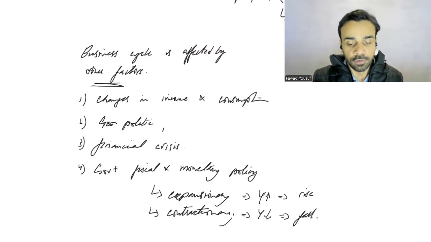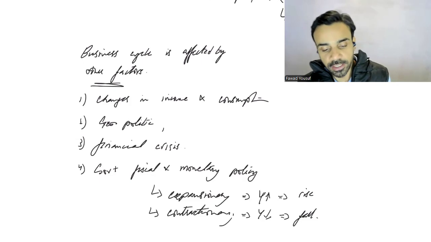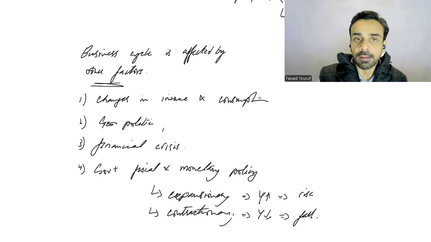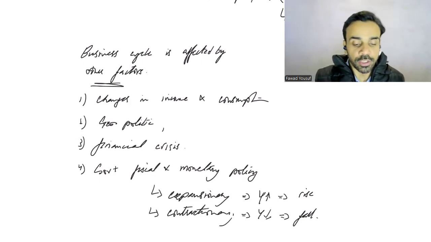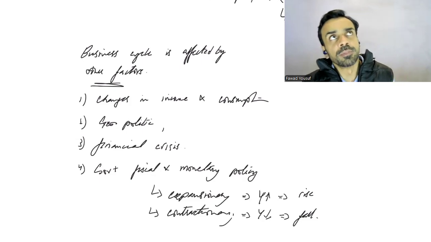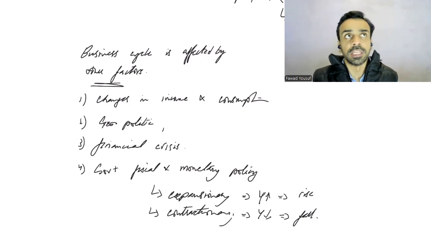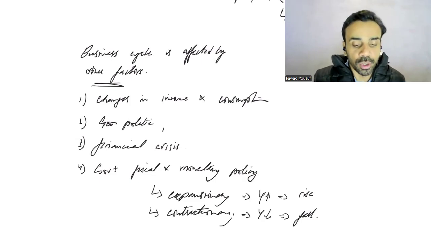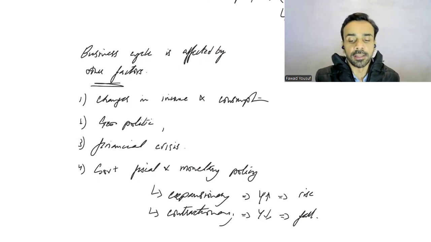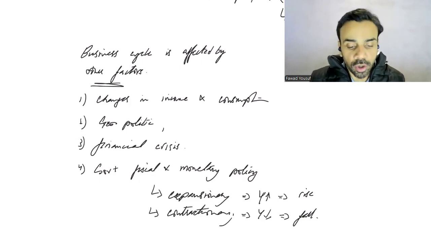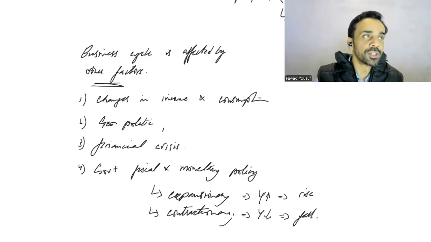Obviously, volatility comes with the multiplier and the accelerator effects, which can magnify economic fluctuations. However, investment is not the sole cause. The strength of the impact depends on the leakages in the economy and the structure of the economy, जिसके अंदर, how open your economy is, how the government decision making is.